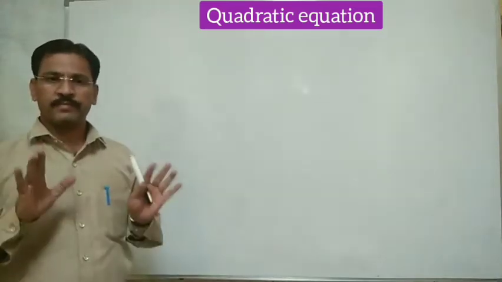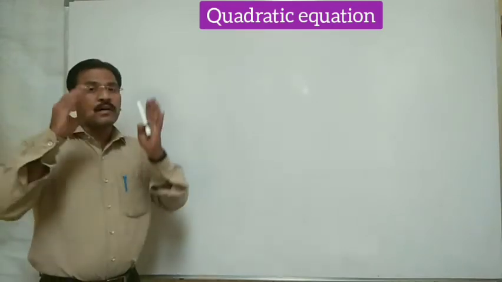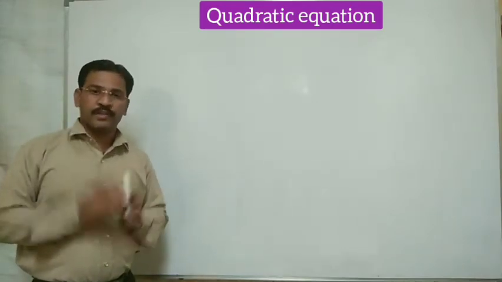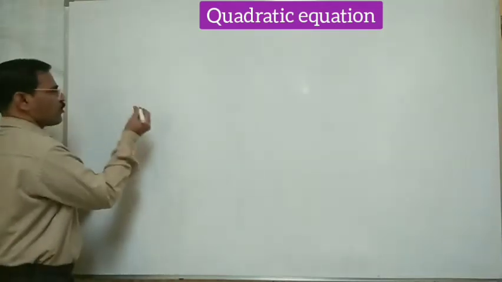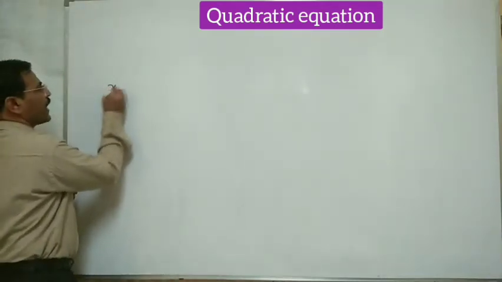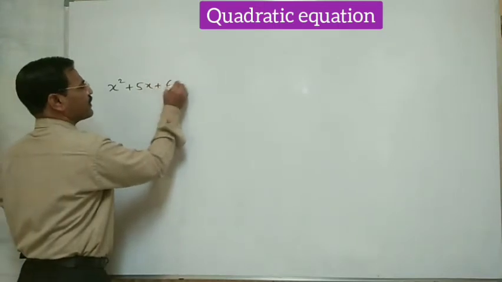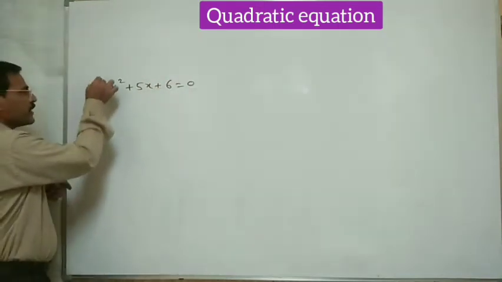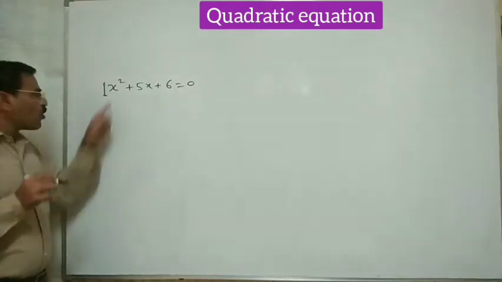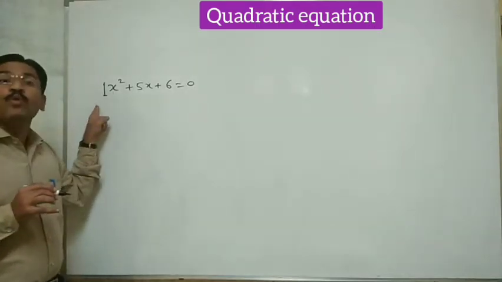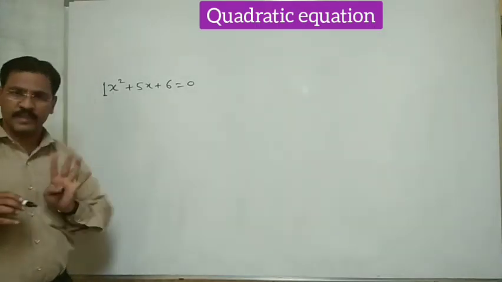See first, there are different forms of that quadratic equation. Some examples look like this one. Here, the square term has no coefficient, meaning just one is there.